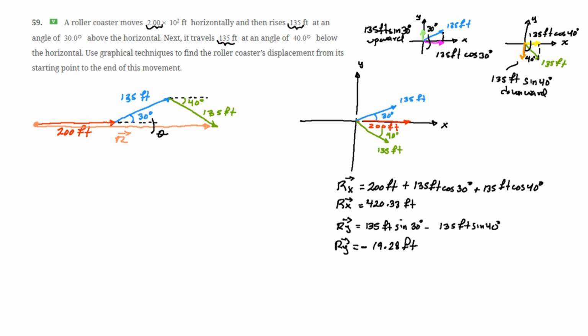that these three vectors give you as resultant one vector here, that is horizontal and has 420.33 feet, and they give you a y component here that is this vector of 19.28 feet pointing downward.